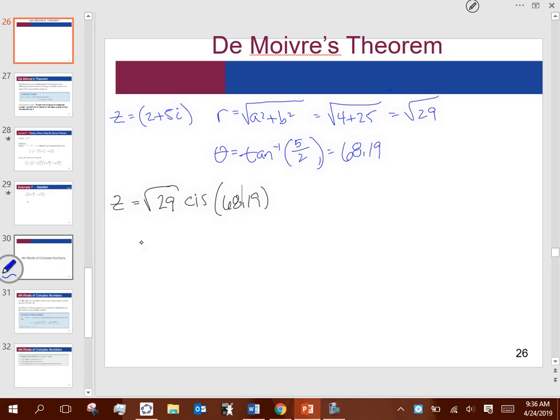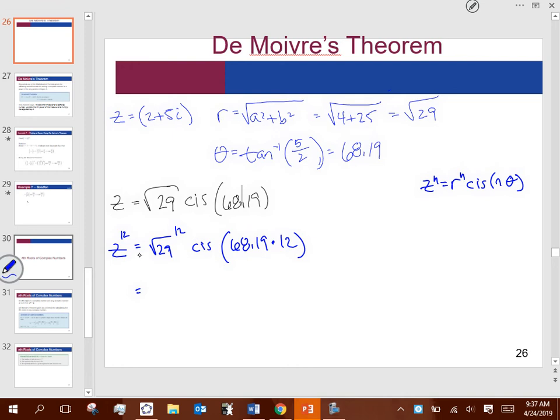Okay. So now, if that's z, then z to the 12th would look this way. Remember, de Moivre says z to the nth is equal to r to the nth cis n theta. So we're going to go root 29 to the 12th cis 68.19 times 12.